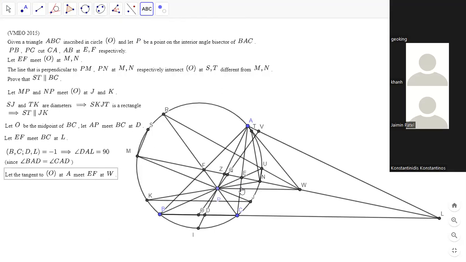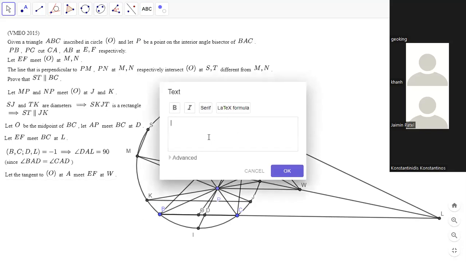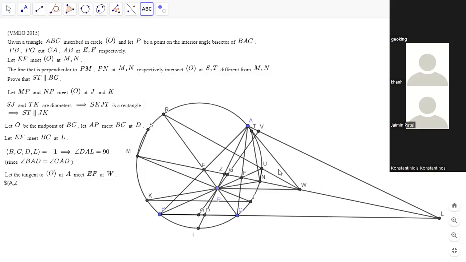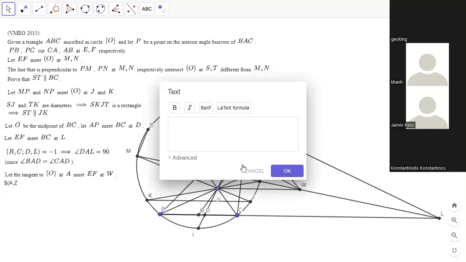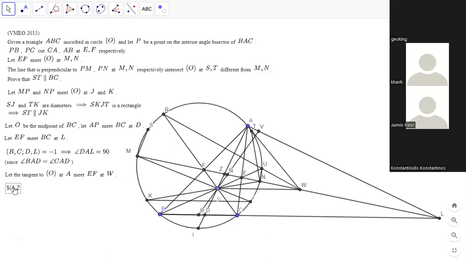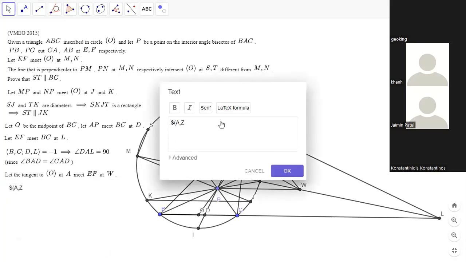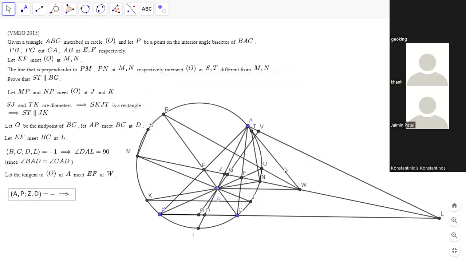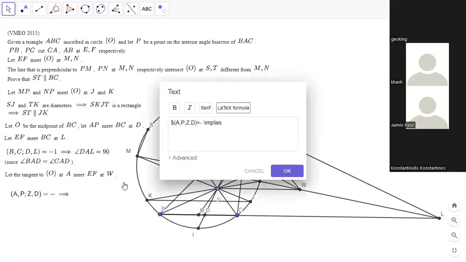So that means A, P, Z, D. And that means that V, Q, P, O are in harmonic conjugation.